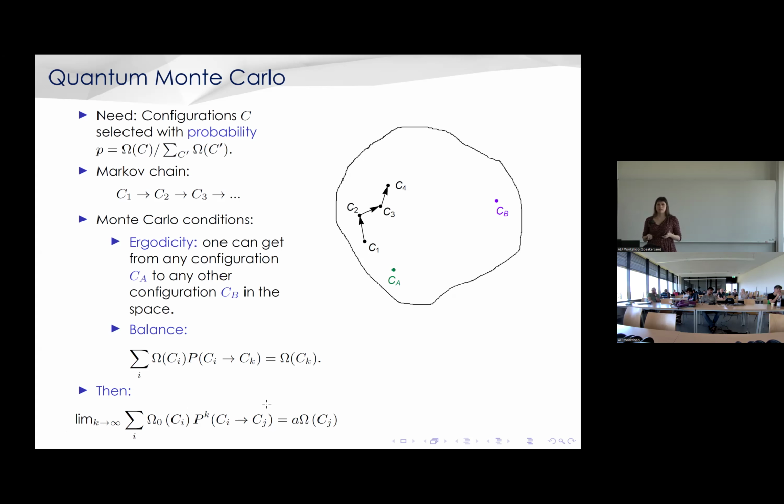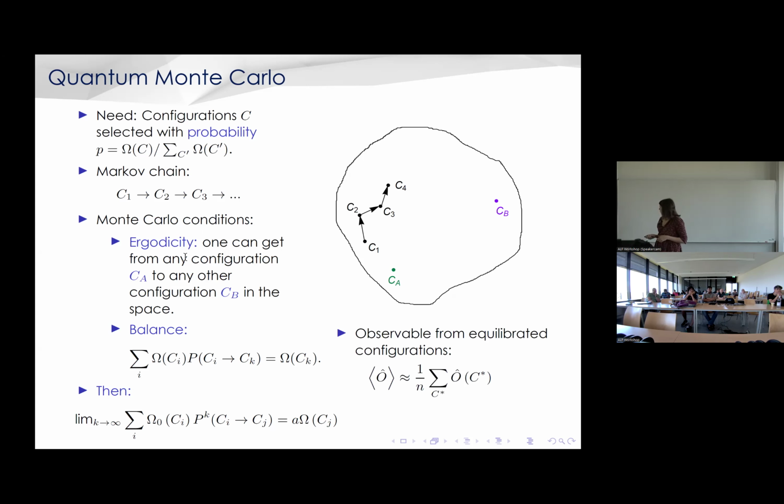So that's the idea with it. We are going to follow the chain for long enough, and we call this equilibration. And once we reach the equilibrated state, we are now selecting all configurations with the correct probability that we would like to have.